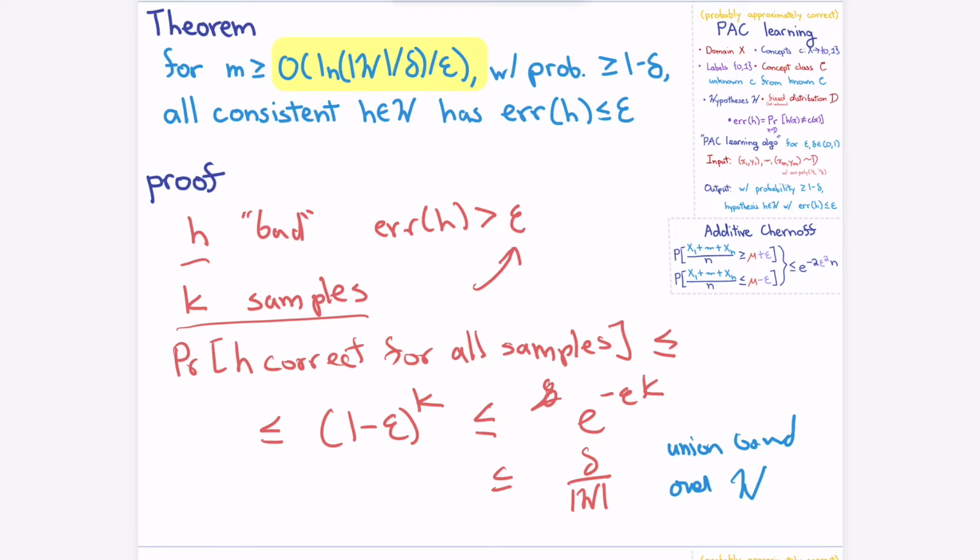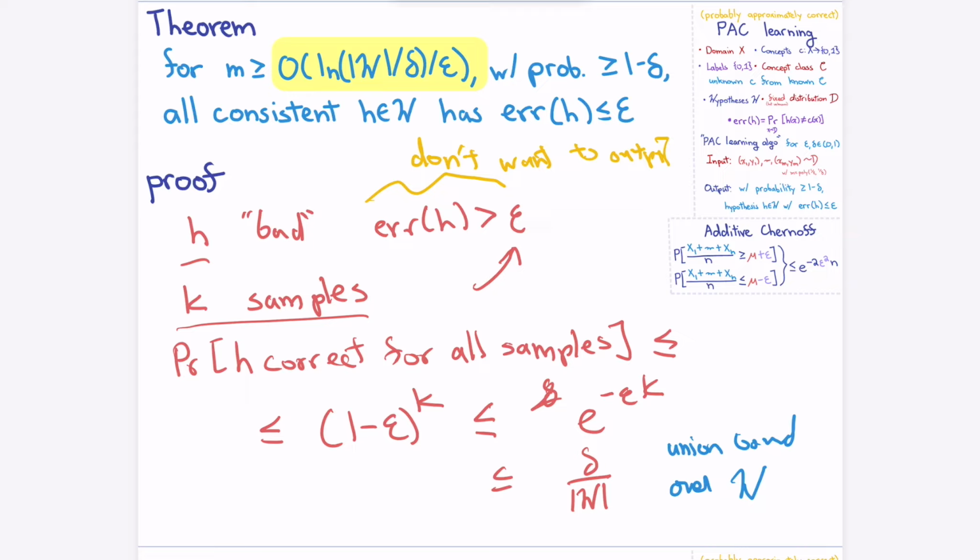Oh, so you don't want to output anything with error greater than epsilon. So it's sort of the contrapositive of our claim. Our claim is that anything we output will have small error. So that's the same as saying we will never output something with big error, or not with good probability.